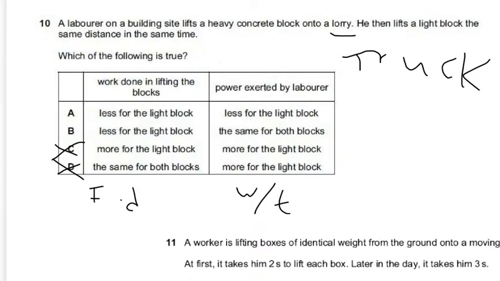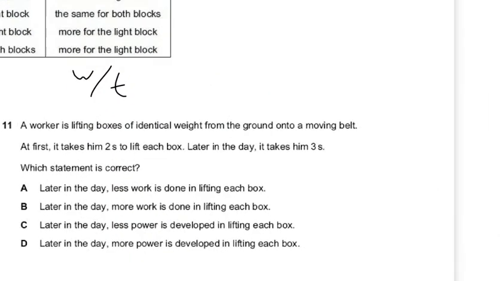So more work for the heavy block in the same amount of time versus less work for the light block in that same amount of time, then obviously there's less power for the light block, all right? Because it is doing less work in the same amount of time. So that's going to be less power. So bottom line, it's less. Less work for the light block, less power for the light block. Answer is A. All right.